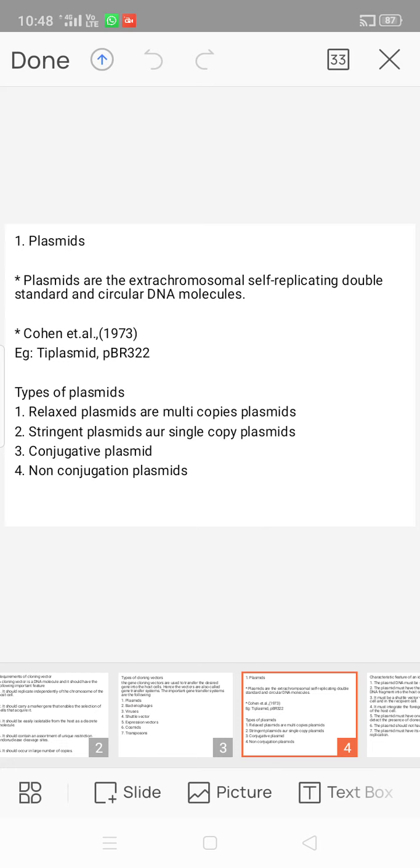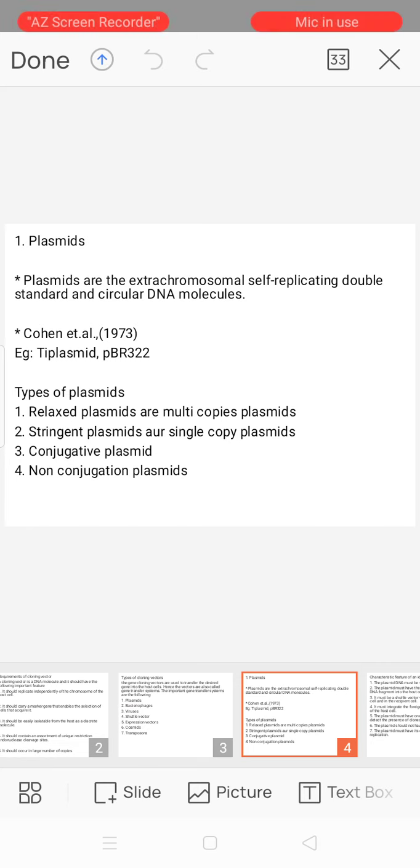And the types of plasmids. First one, relaxed plasmids or multi-copy plasmids. Second, stringent plasmids or single copy plasmids. Third one, conjugative plasmids.